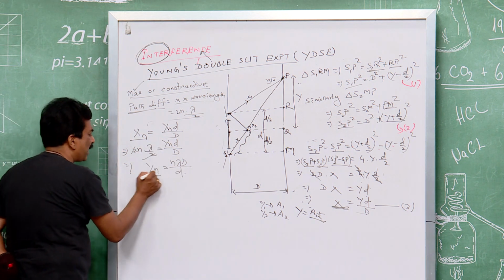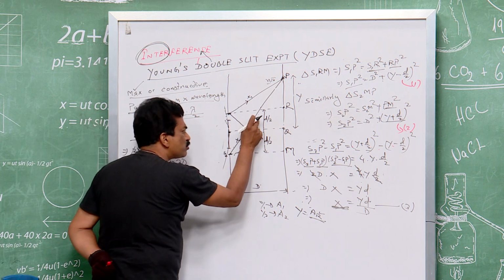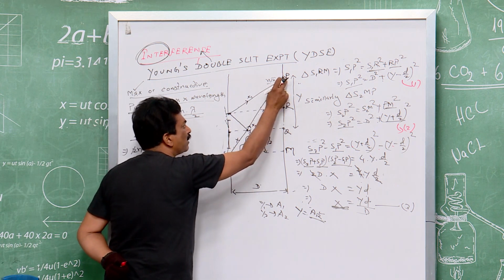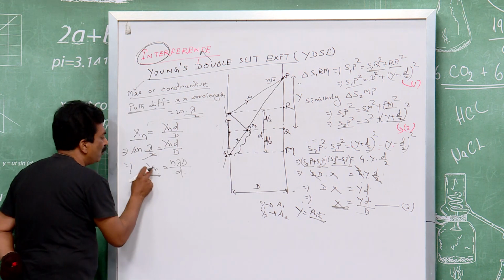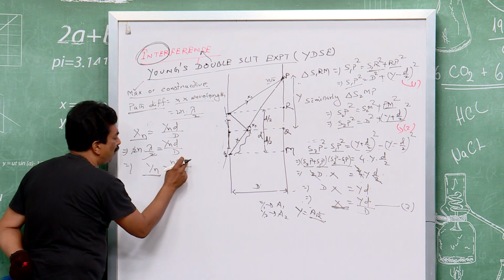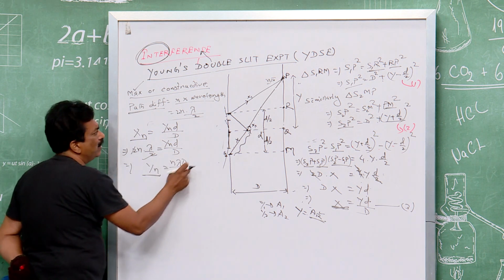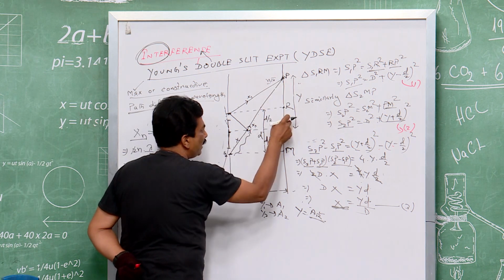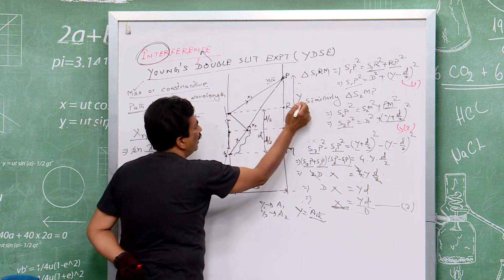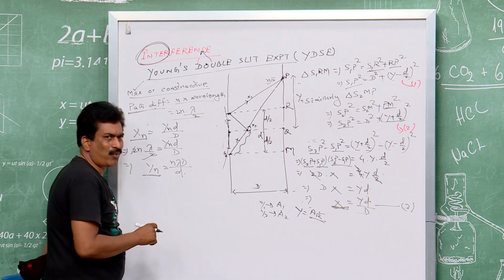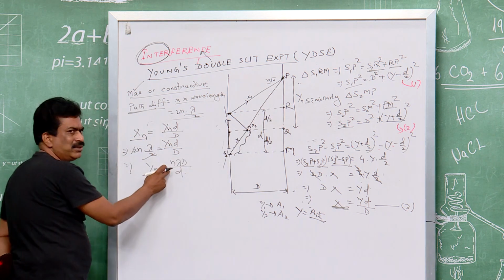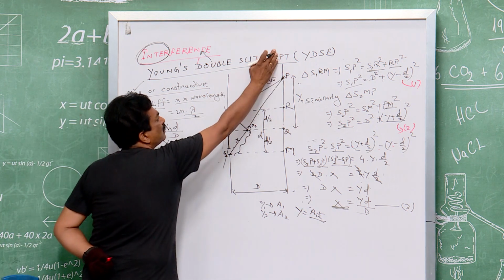So the resultant displacement of these two waves which are meeting at the point P, that value yn is equal to n lambda D by d. Means this distance y, for the nth one we take this as yn, that yn value is equal to this one. Then what will be the next one?